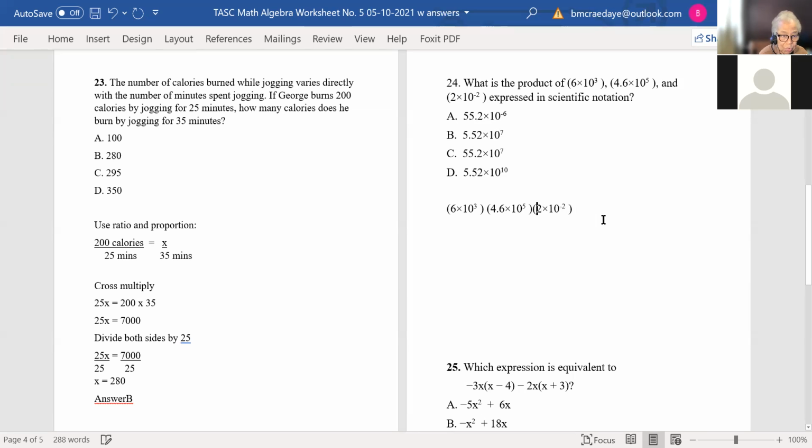What does that equal, Maureen? Multiply 6 times 4.6 and then multiply by 2. What do you get?